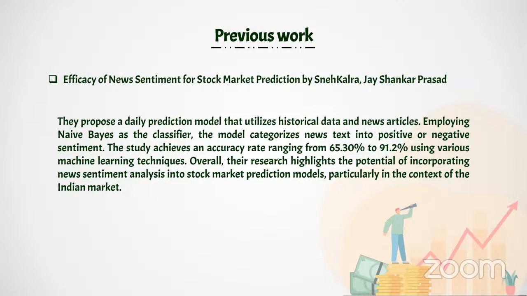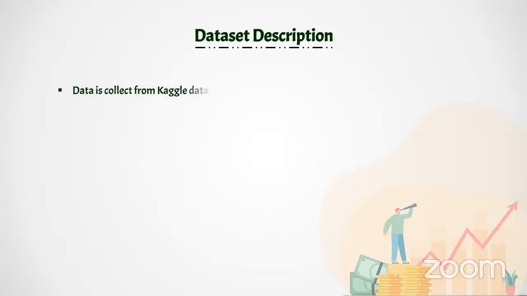The study achieved an accuracy rate ranging from 65.30% to 91.20% using various machine learning techniques. Overall, their research highlights the potential of incorporating news sentiment analysis into stock market prediction models, particularly in the context of the Indian market.